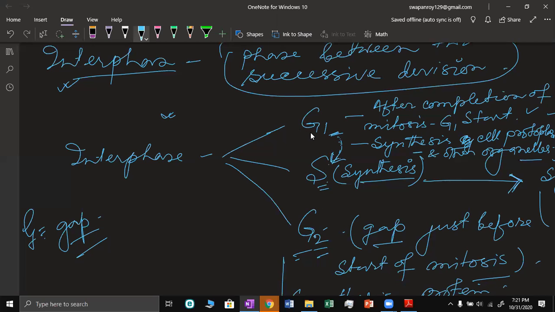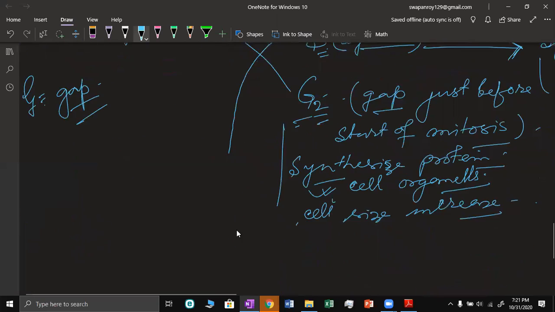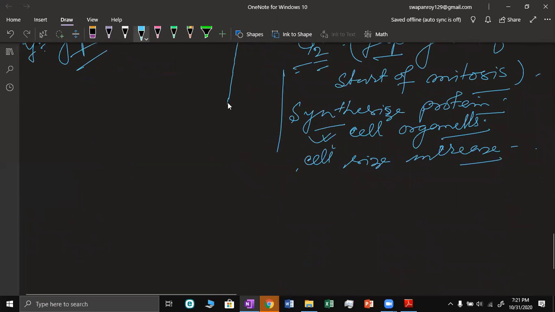But what will happen, from the G1 phase, the young one will grow and mature, become adult. Then they will not prepare for the next division. In that case, we call that stage the G0 phase.